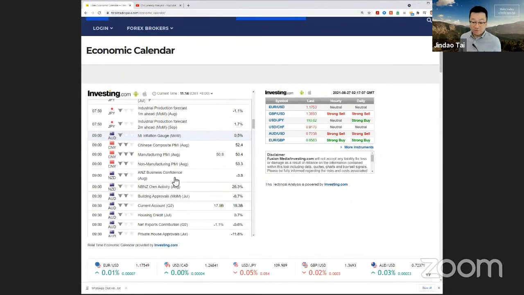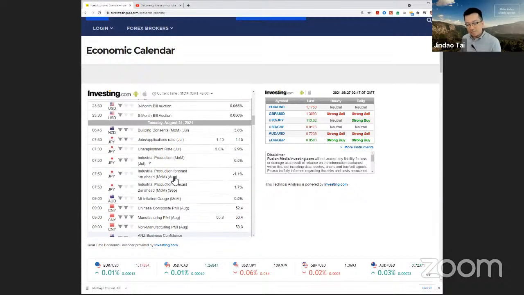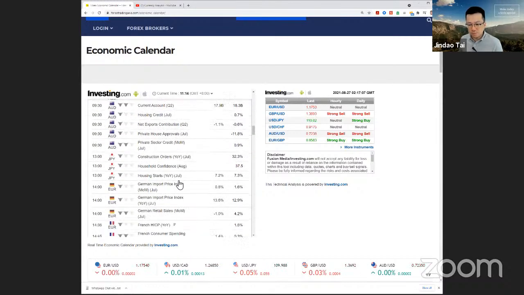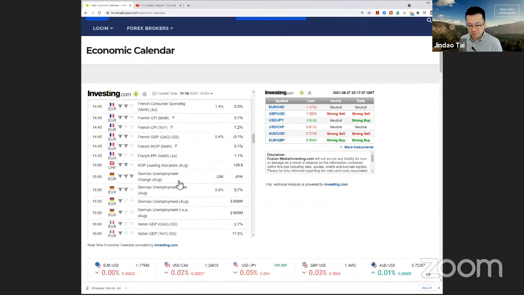On Tuesday, we have a lot of news, so bear in mind next week will be the end of the month, the start of the month as well for August and September, so pay attention to this. There's going to be a lot of news to be released next week.